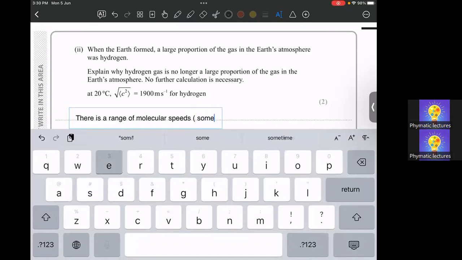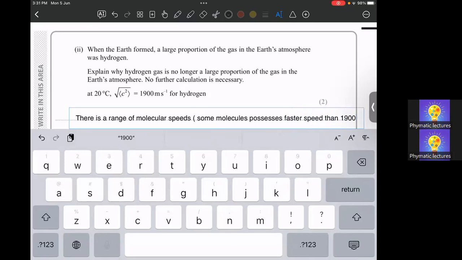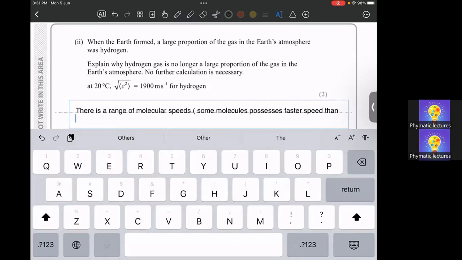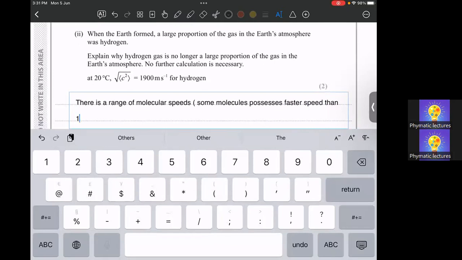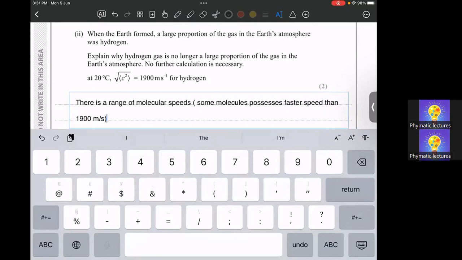Some molecules possess faster speed than 1900 meter per second. Okay, so that is the meaning of range.